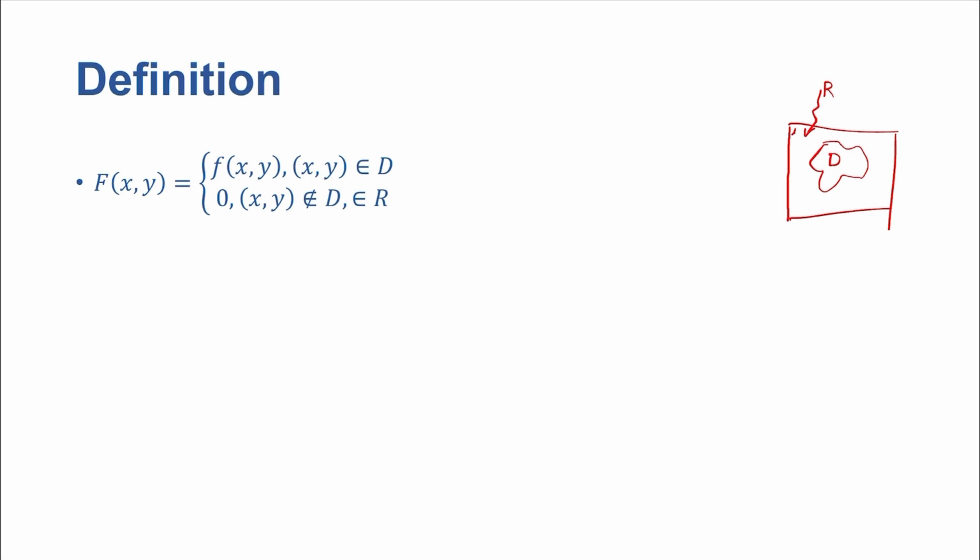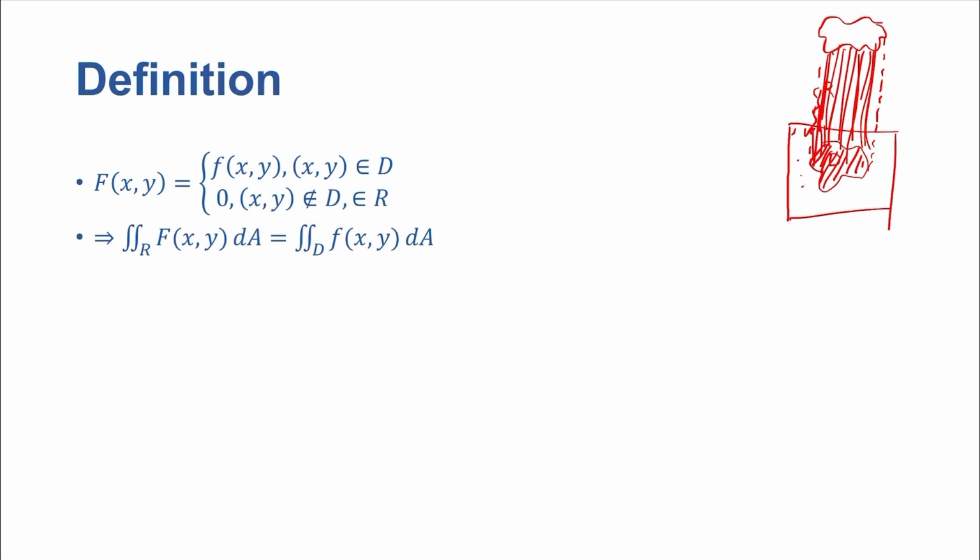So what this says is that capital F of x and y is only defined on this domain. Outside this domain, it's 0. So what it does is it takes a tiny little bit of space so that our surface is only modeled above the domain D. Otherwise, it's 0. So it models kind of the top of the volume that we're trying to determine. It's just somewhat helpful.